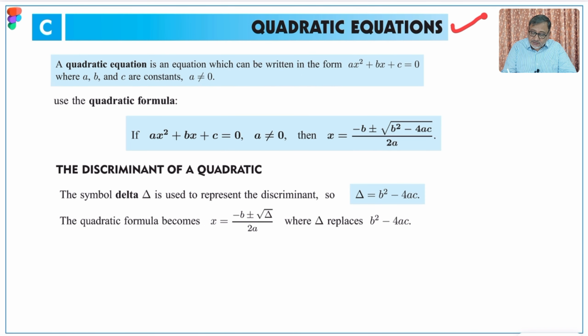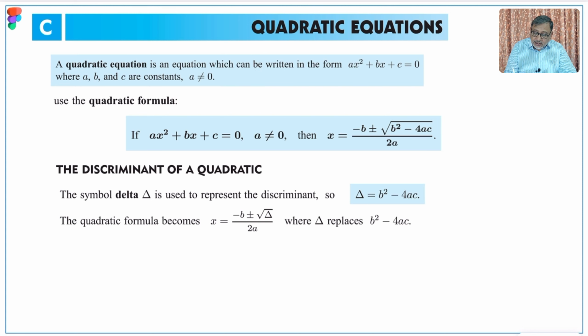Then quadratic equations. You have already studied quadratic equations in your MYP and lower classes. ax² + bx + c = 0 is a quadratic equation. Definitely a should not be equal to 0. If a is 0, then it is no more a quadratic equation, it will be a linear equation. So the condition on a quadratic equation is that the coefficient of x² should not be equal to 0.